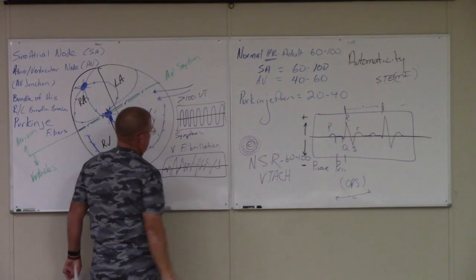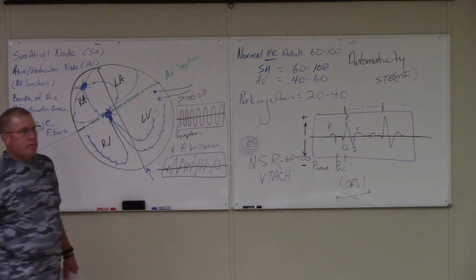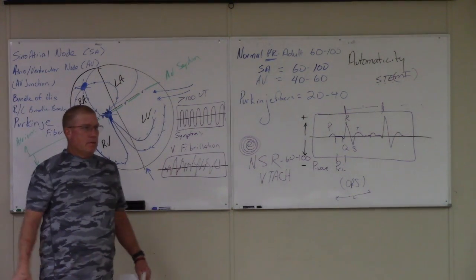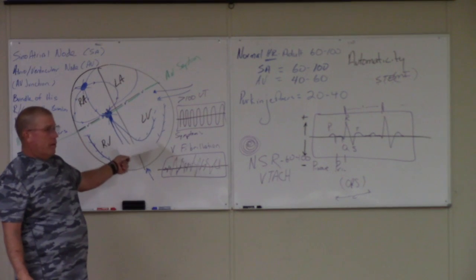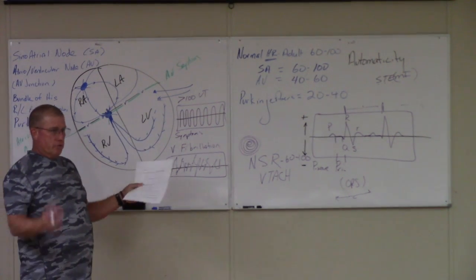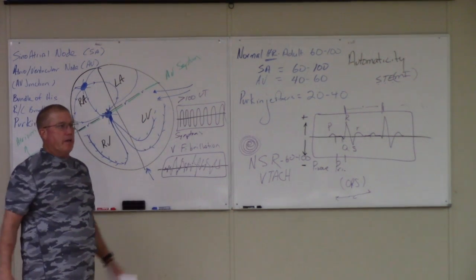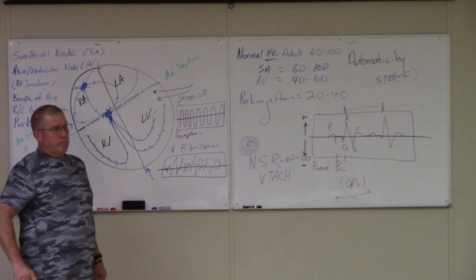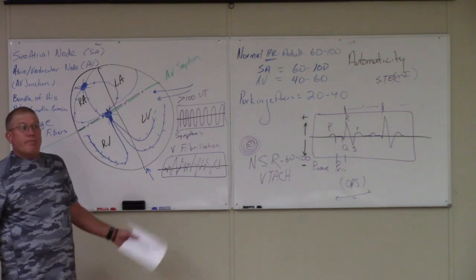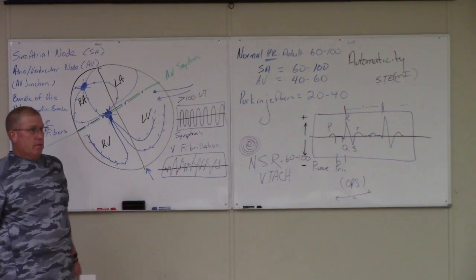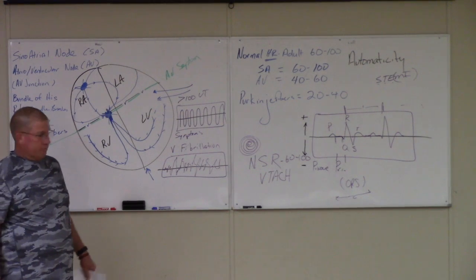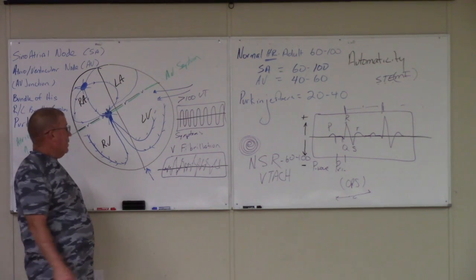What did you say causes VTAC? Irritability in the ventricle. It can either be the AV node or the Purkinje fibers. The ventricles are just contracting at greater than 100 times. Okay, it can be lack of oxygen, it can be all kinds of stuff. It goes crazy.